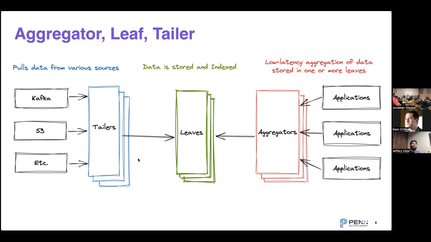And then the tailors write that data into another component called a leaf, which stores and indexes the data. And then on the read side, we have aggregators that pull the data out of one or many leaves and then do any kind of aggregation, whether it be just collecting the data, or potentially doing some mathematical aggregations over the data.